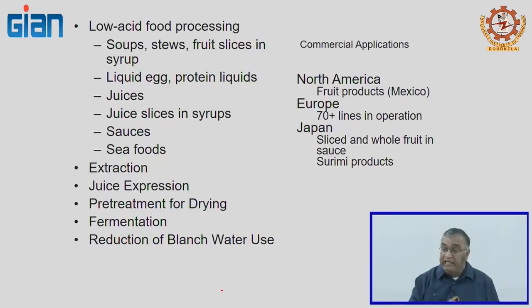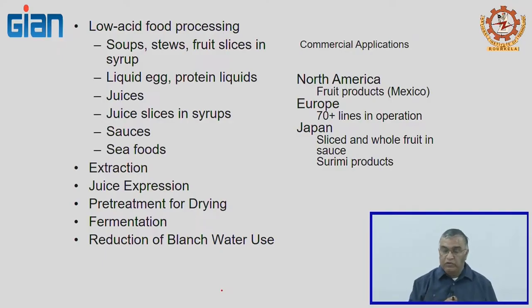So, ohmic heating can be used for a number of different types of products like soups, liquid egg, juices, seafood. It can be used for extraction, fermentation. Interestingly, when you apply electric field under certain conditions, it is going to stimulate the growth of microorganisms, so you can accelerate the fermentation process with ohmic heating.